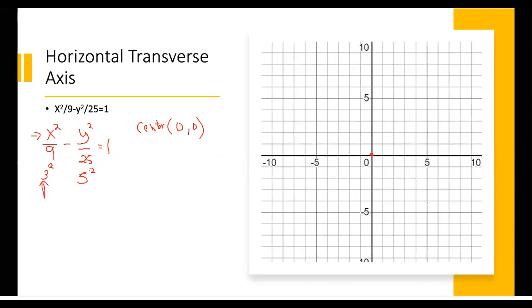So we're going to move 3 in each direction. Again, so we go 1, 2, 3, so we get positive 3, 0, 1, 2, 3, negative 3, 0. So our vertices are going to be negative 3, 0, and 3, 0.